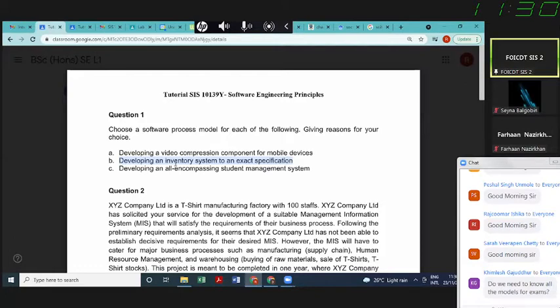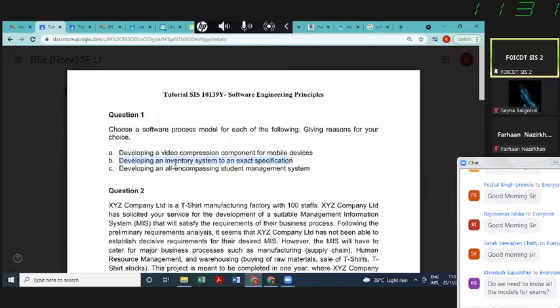But I'm not saying V&V is not correct. V&V might be correct if you give the proper justification, whereby you mention that the focus would be on having software of high quality, which is good, because in a student management system, at times you have to deal with bulks of students, which is quite sensitive.